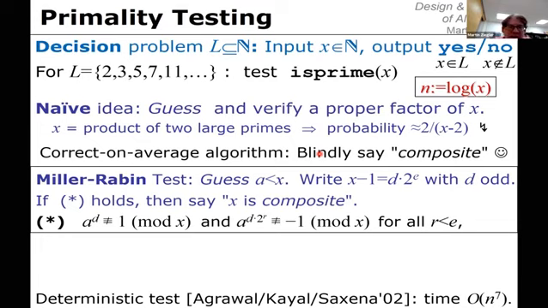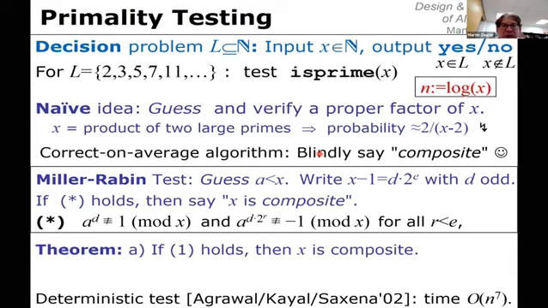It's not a prime number, which means that this test is a one-sided test which makes an error. What does it mean that it makes an error? Namely, if this property does not hold, then the test will say that x is a prime number. And this is not covered by the mathematical theorem. The theorem says only one direction. If property star holds, then x is composite, but it does not say the other direction. If x is composite, then this property does hold. That's wrong.